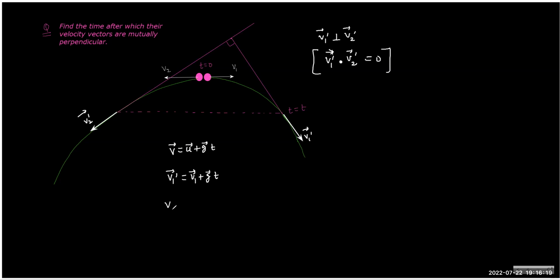And similarly, can we write V2 dash vector is V2 vector plus G vector into T? See, I'm writing in vector form. You can convert it into scalar later on. So now, because we can write like this, you can substitute in the dot and multiply and tell me the answer. How much time is coming? Okay, after solving.